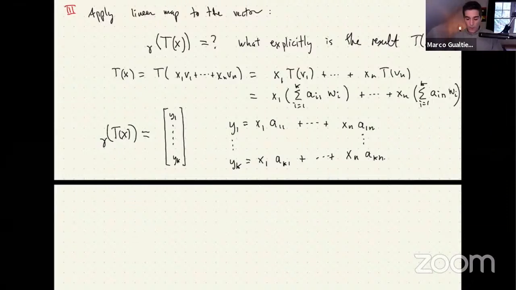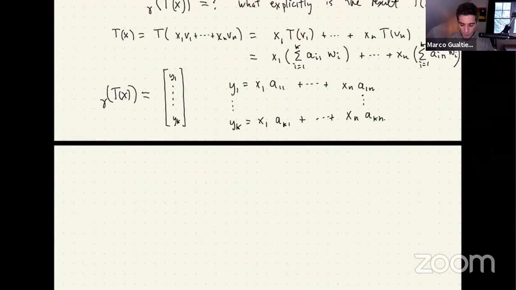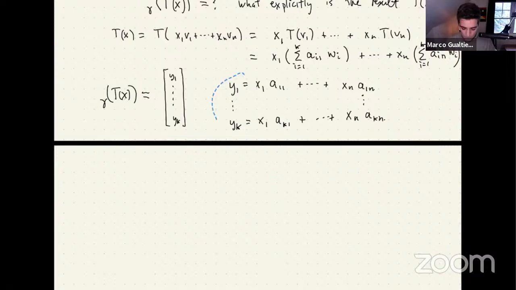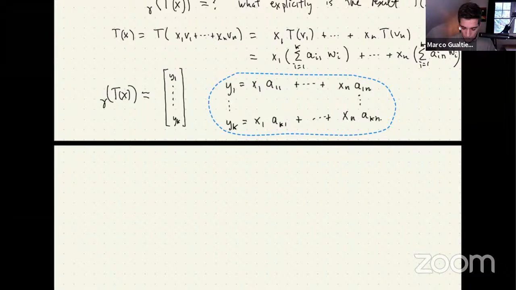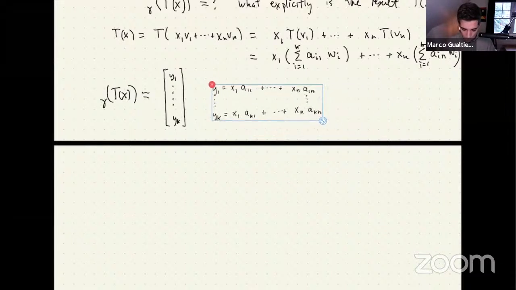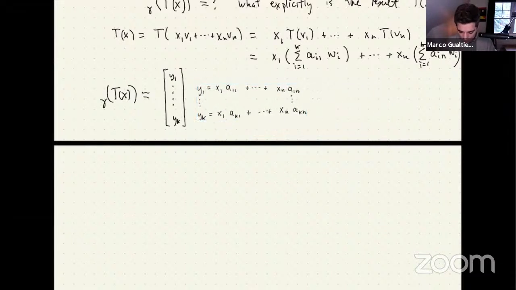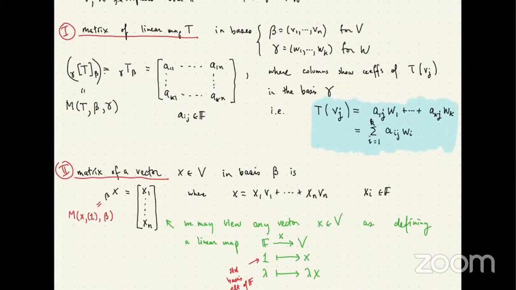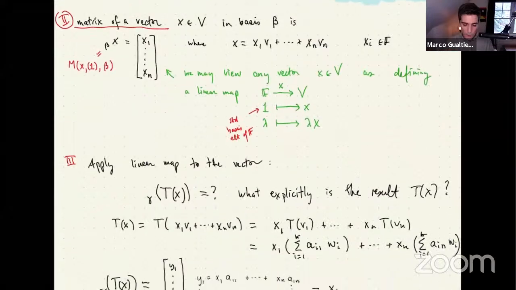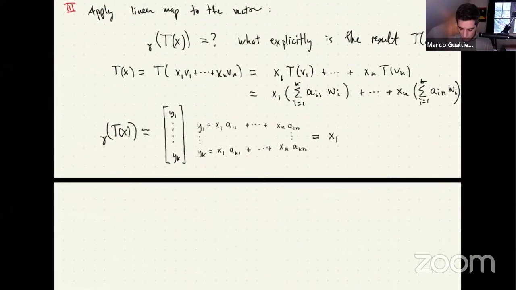Okay, so in other words, let's write this in a slightly nicer way. It's really x1 times this column. So it's a combination of the columns of the matrix.